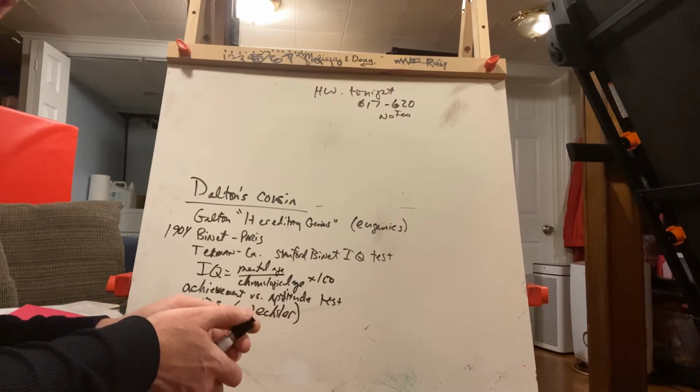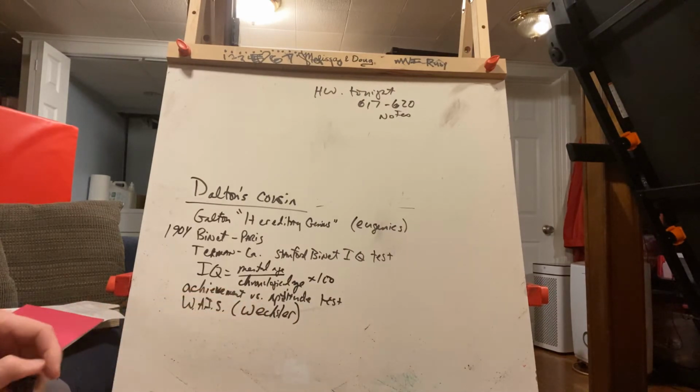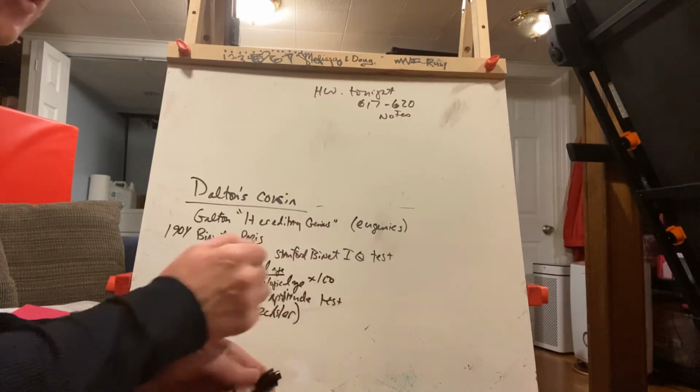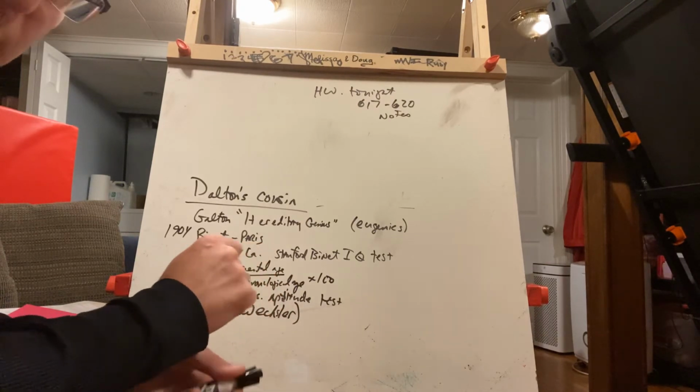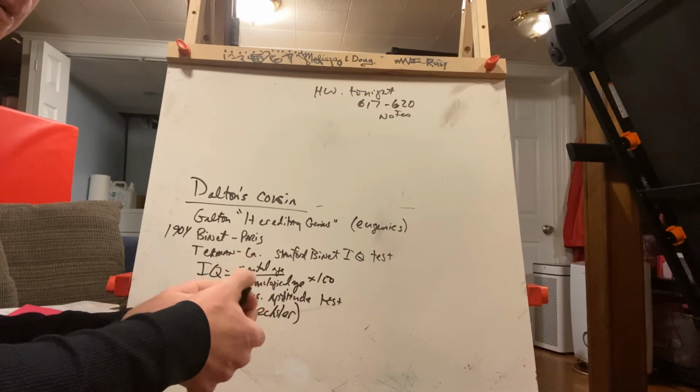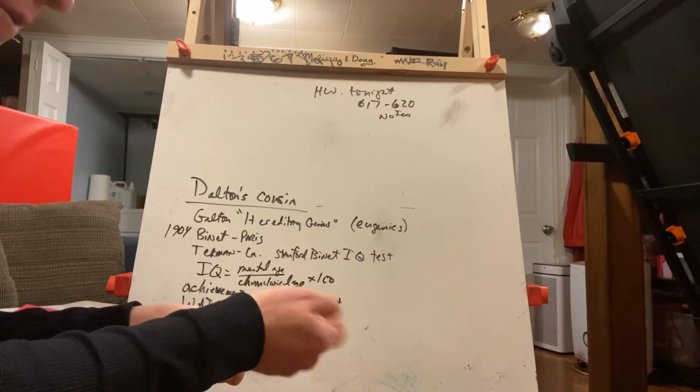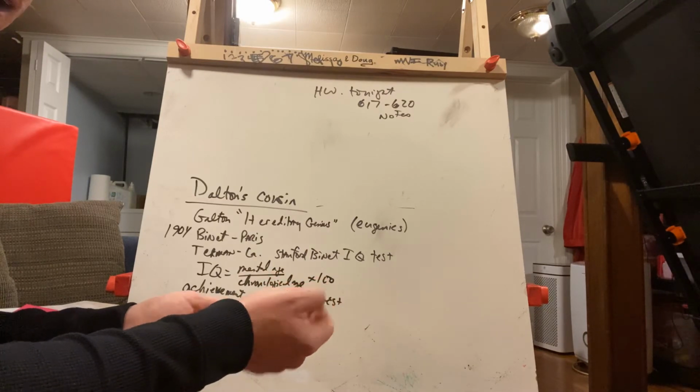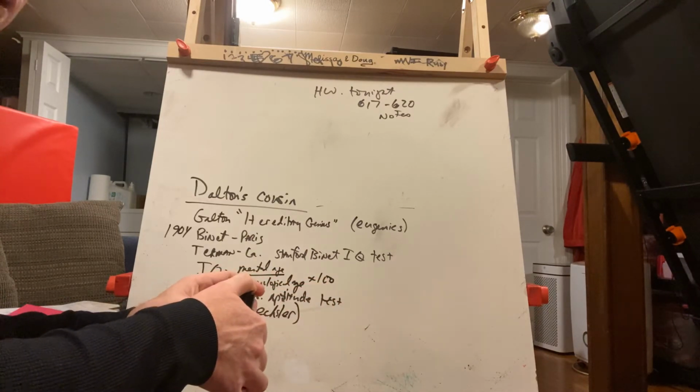He took anybody that scored 130 or above, I believe. A 130 IQ score is very close to genius level. He selected these kids who scored 130 or above and followed them throughout their entire lives.